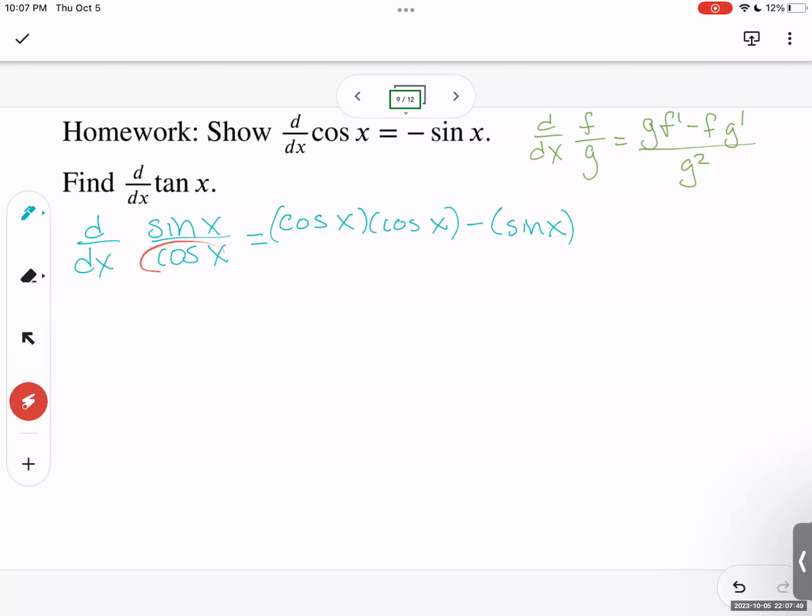The derivative of cosine x is minus sine x. And divide all of this by the denominator squared. So we can write that as cosine squared x.